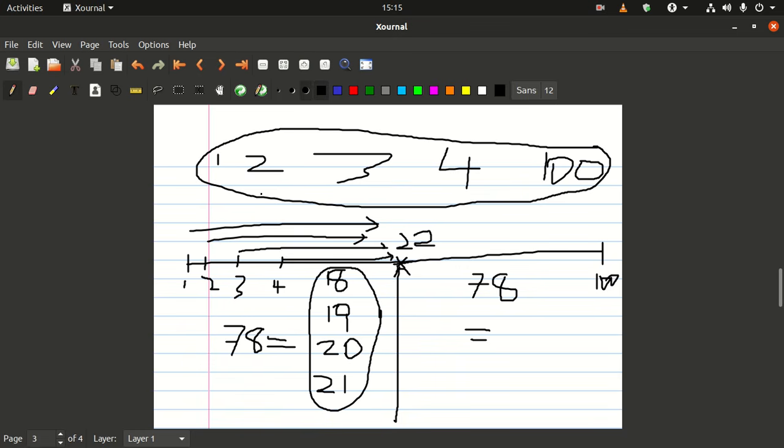So the mean, or the arithmetic mean, or the average of this data here, is 22. Why? Because it is an equal sharing point. The sum of the distances of all the data on the left is the same as the sum of the distances from this point to all the data points on the right.